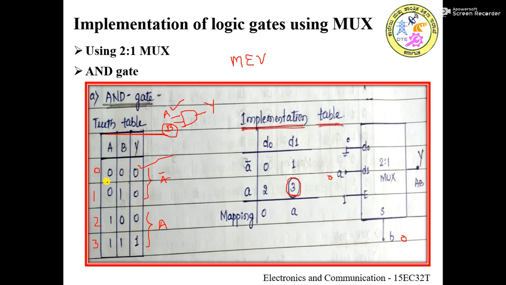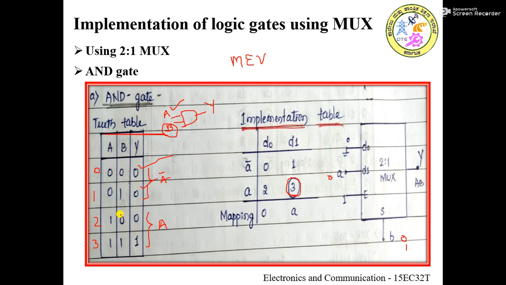Second combination, with A equal to 0 and B equal to 1. With B equal to 1, that is select line content equal to 1, the second line D1 is selected, which is A, and which is again the value 0, so 0 is routed to output Y. So the second combination is verified.